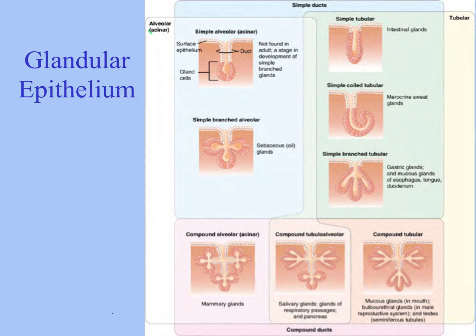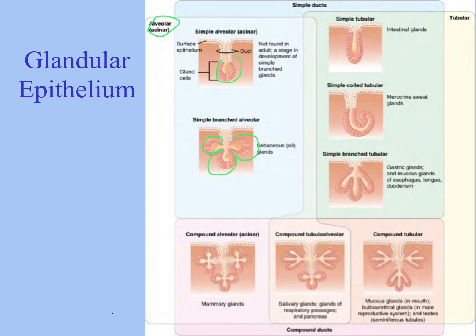There are your alveolar or acinar type glands, and you notice that the glands, again multicellular, have this shape like the alveoli in the lungs, and we'll discuss that more when we get to respiratory, but you should probably remember that from undergrad A&P classes, that alveoli have this grape-like cluster appearance, and that's how these glands will appear as well.